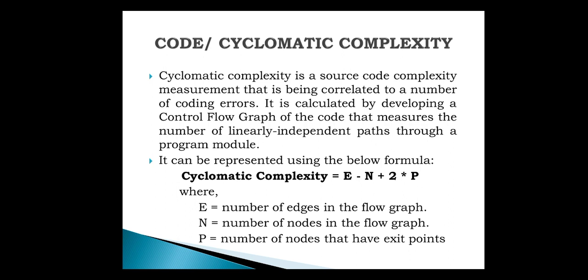Okay, next is code or cyclomatic complexity. Cyclomatic complexity is the source code complexity measurement that is correlated to the number of coding errors. It is calculated by developing a control flow graph of the code that measures the number of linearly independent paths through a program module. It can be represented using the below formula.